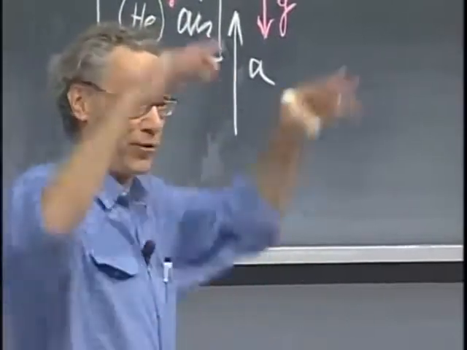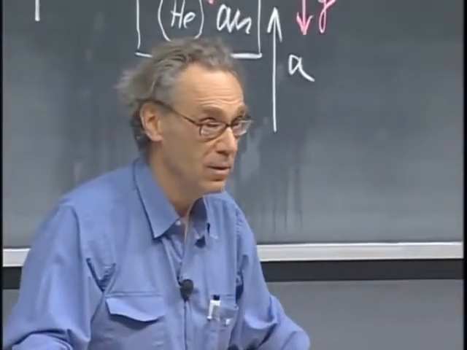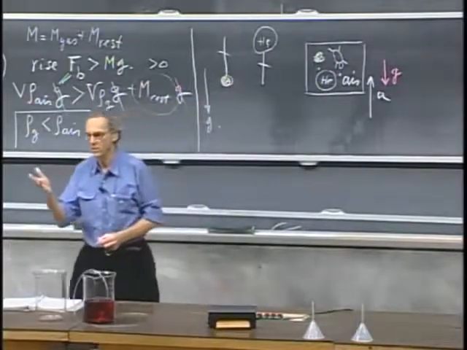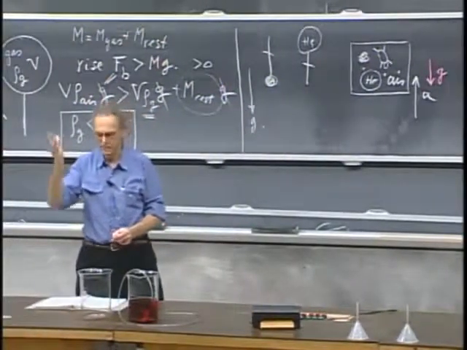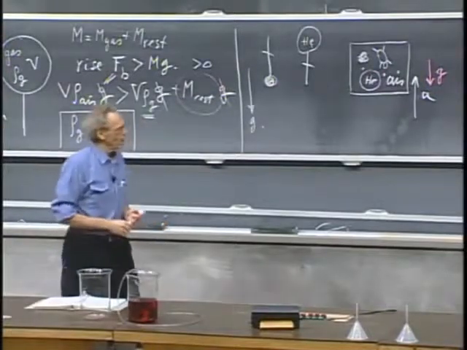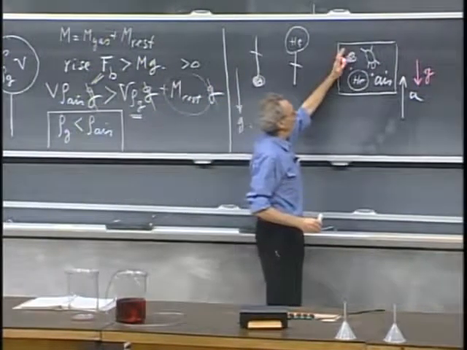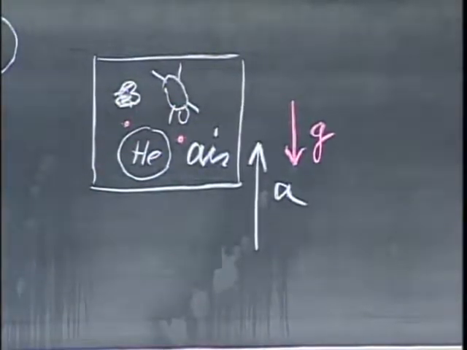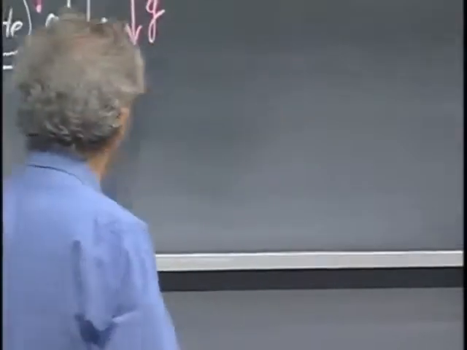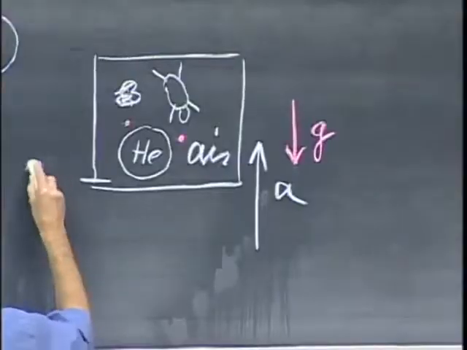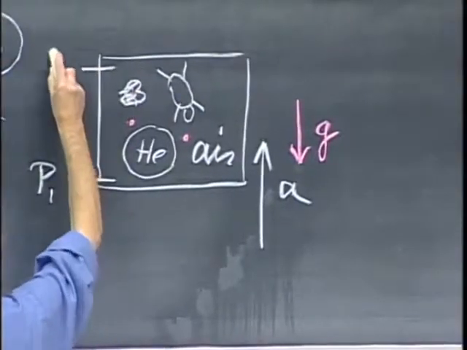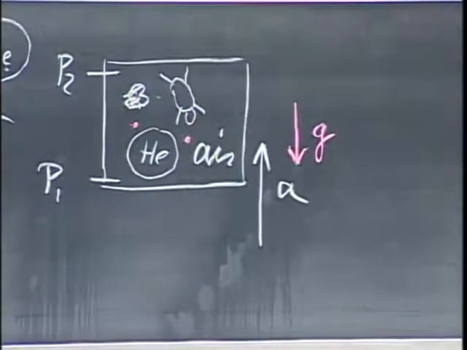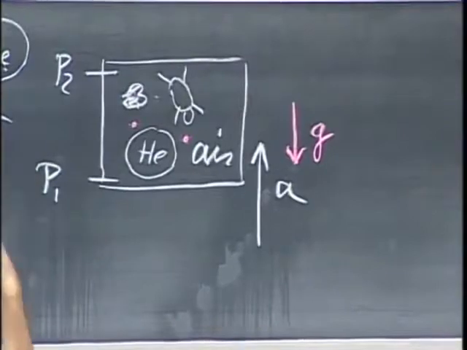The air wants to fall, but the balloon wants to go against gravity. The balloon will rise. The air wants to fall. So inside here, you create a differential pressure between the bottom, P1, and the top of the air, P2, inside here. Just like the atmosphere on Earth. The atmosphere is pushing down on us.